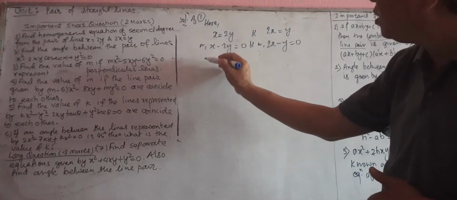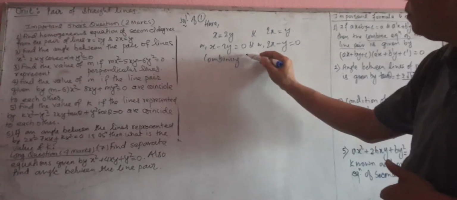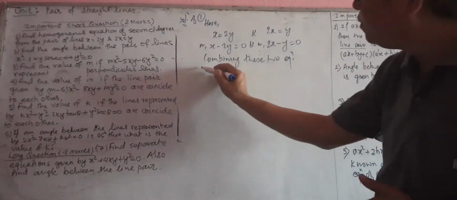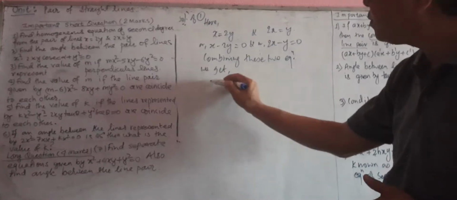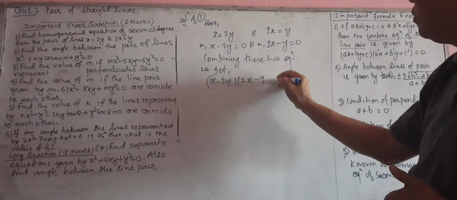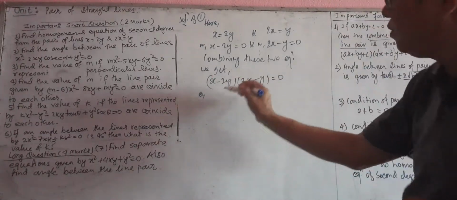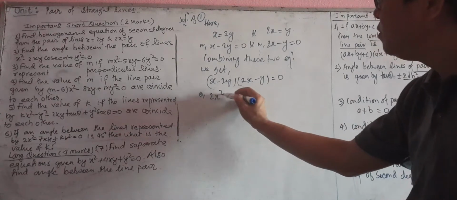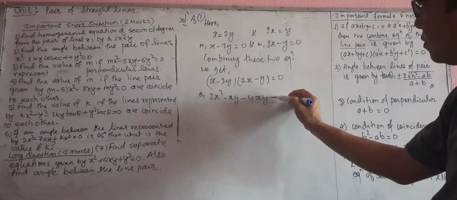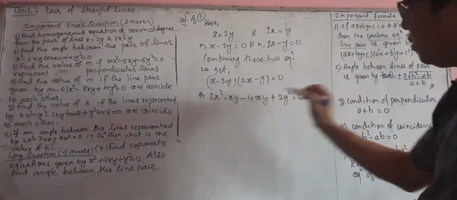Now combining these two equations, we get (x minus 2y)(2x minus y) equal to 0. On multiplication, as usual, 2x square minus xy minus 4xy plus 2y square equal to 0.